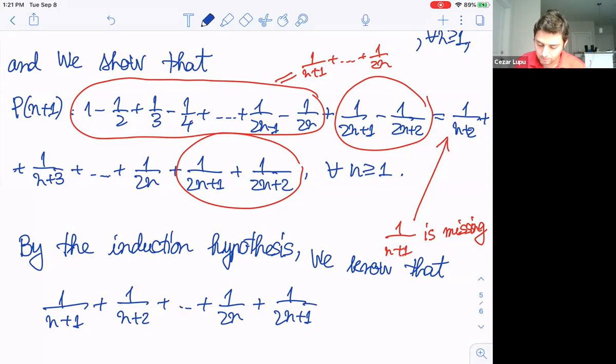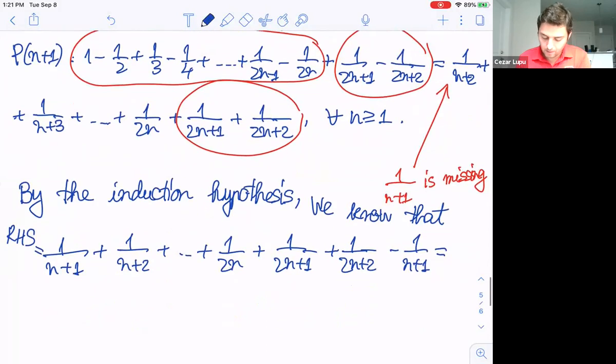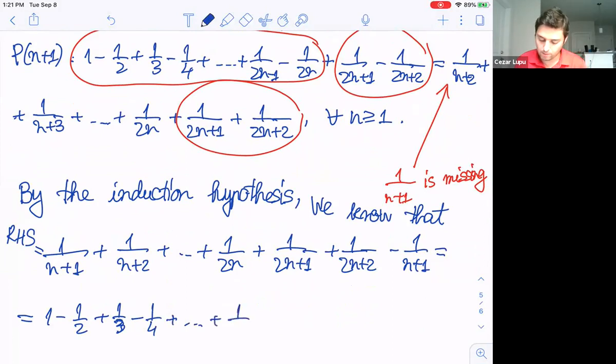So we know that this guy plus 1 over 2n plus 1 plus 1 over 2n plus 2. And now I'm going to subtract 1 over n plus 1, right? Because this is the right-hand side. This guy equals 1 minus 1/2 plus 1/3 minus 1/4 plus 1 over 2n minus 1 minus 1 over 2n, right? So this is the induction hypothesis.